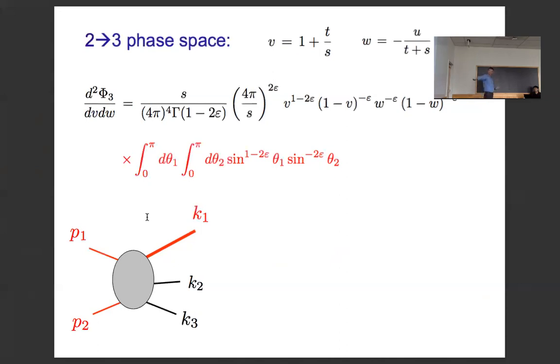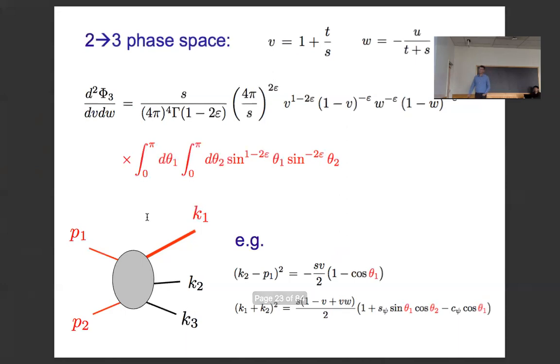And you can integrate the rest of the components in terms of 2 angles. That's why you get 2 angular integrations additionally on top of what you have in V and W. And these need to be carried out. And the art of doing the NLO calculation is to be able to compute these integrals analytically, which can be done, which is fairly straightforward.